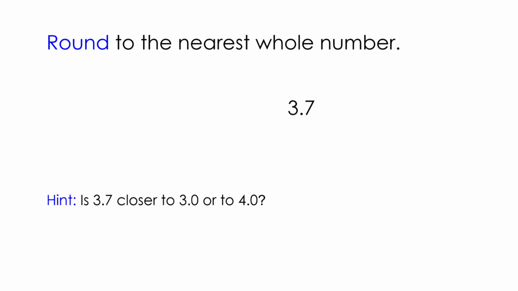Round to the nearest whole number. When it says whole number, it means this side of the decimal, so left of the decimal. Is 3.7 closer to 3.0 or 4.0? Well, the answer is 4.0.